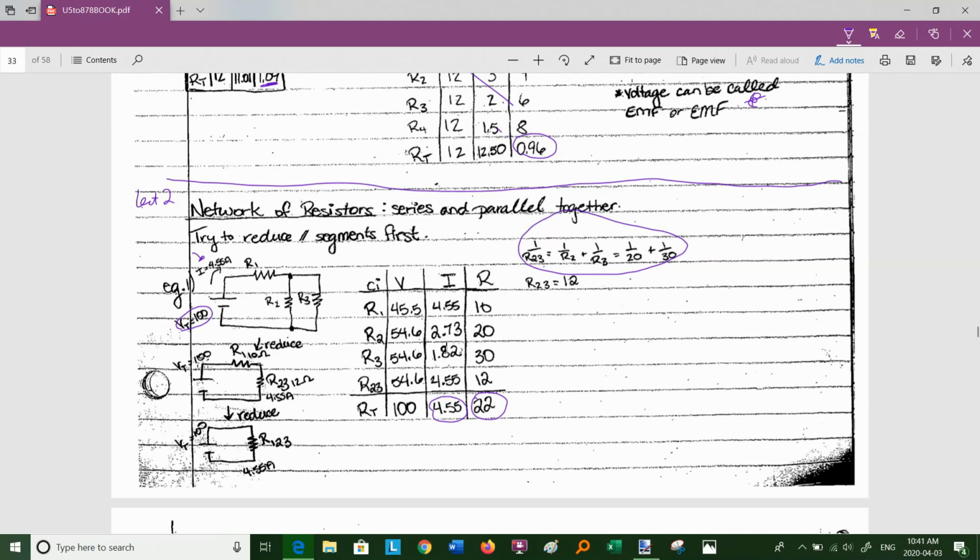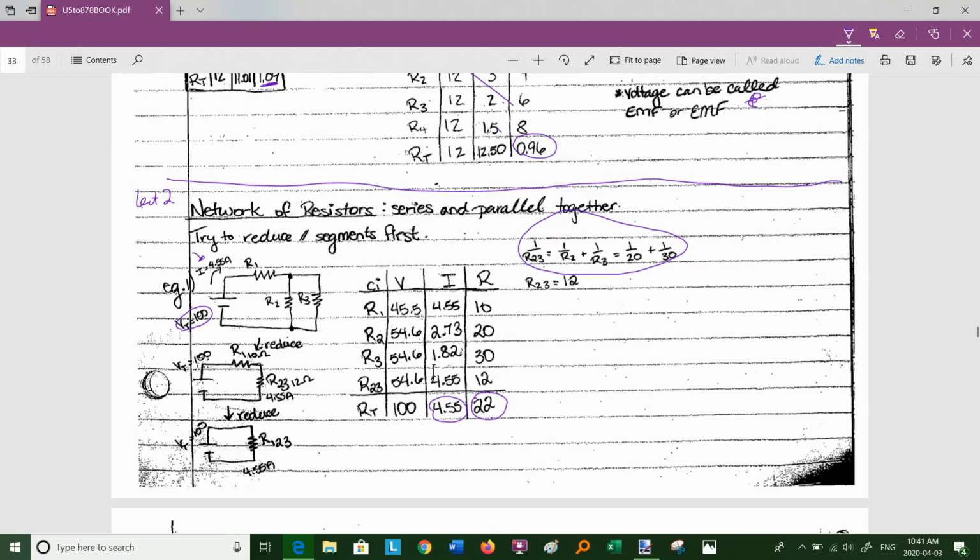So you go in with 4.55 into branch R2 and R3, and you come out with 4.55. This is the simplest kind of network where there are just 3 resistors, but there are still some tricks and turns to it, so you have to deal with that.